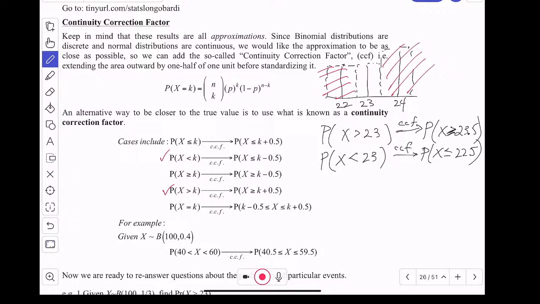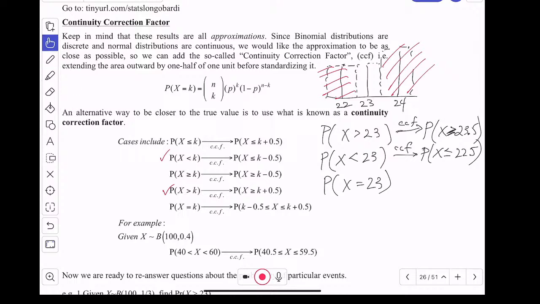Are you following me? What about x equal to 23? We can't even do this in the normal distribution, can we? Because it's an equals. So how do we fix that? How do we make an account for that?